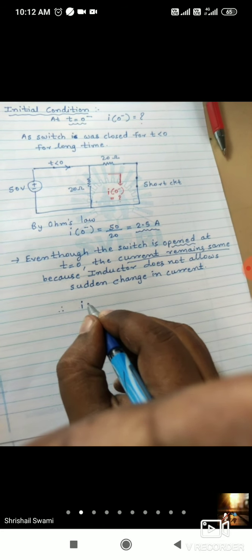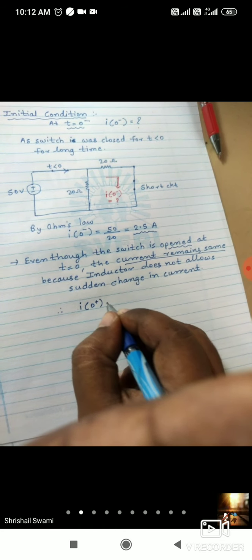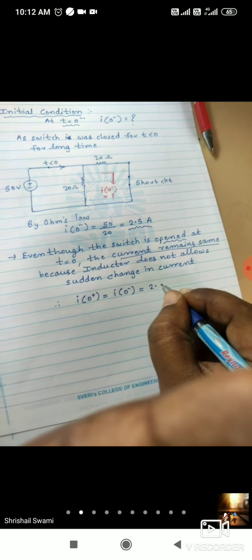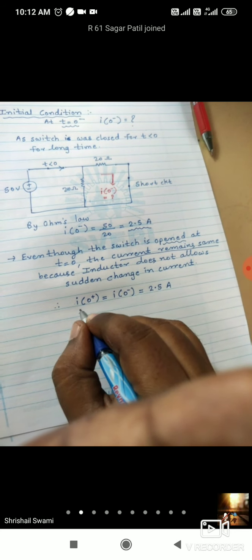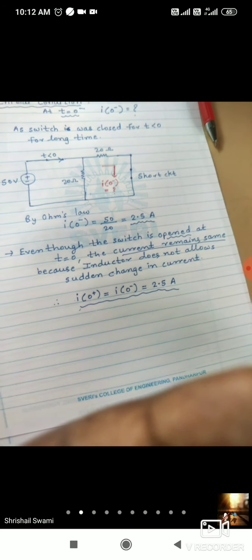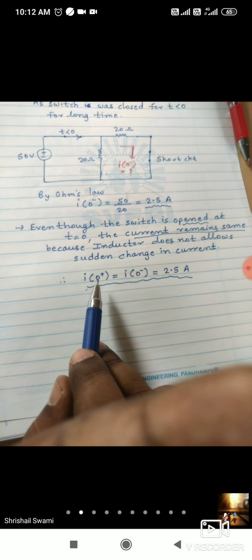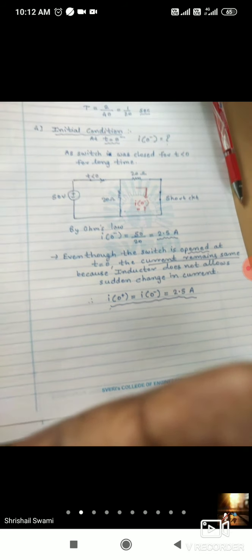Therefore, I of 0 plus is equal to I of 0 minus is equal to 2.5 ampere. Okay, so we got the initial condition, that is I of 0 plus is equal to 2.5 ampere.